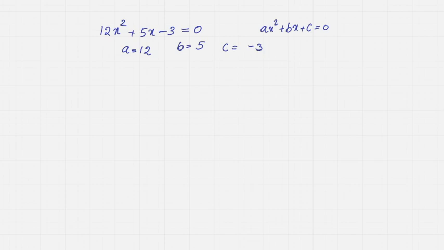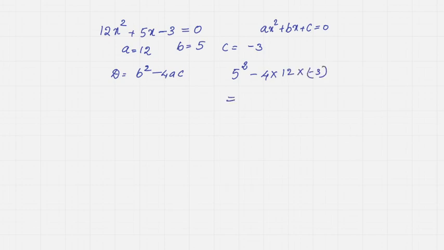Now first we will find the discriminant, D is equal to b square minus 4ac. Here b is 5, so b square is 5 square, minus 4 into a is 12 and c is minus 3.